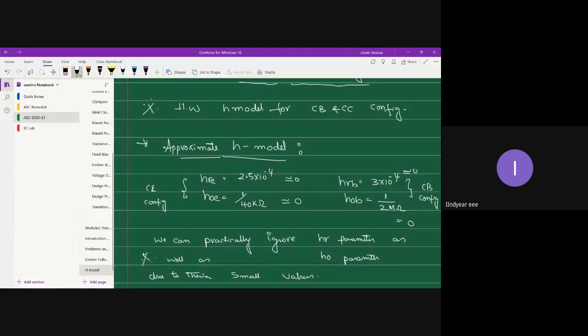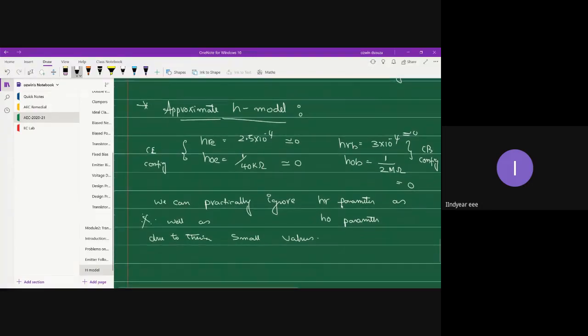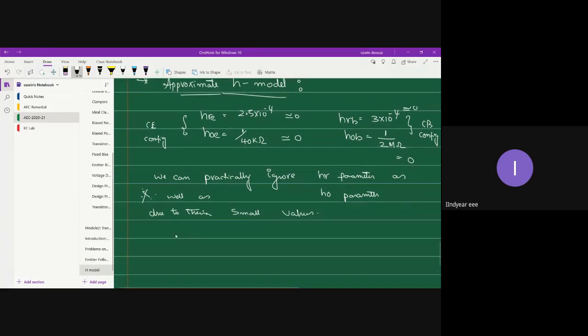Okay, so what I've done, I have given you the physical values for HRE, HRB, HOE, and HOB, right? So based on those physical values, we can take this conclusion, that HR and HO are negligibly small, hence they can be removed from the equation.